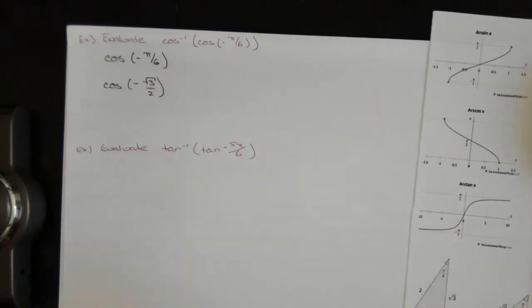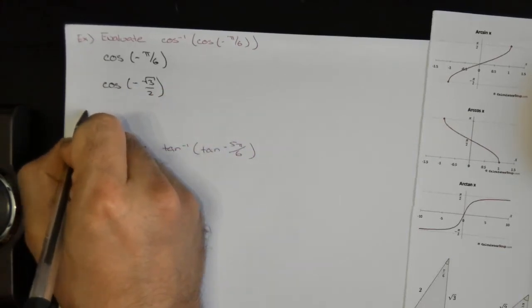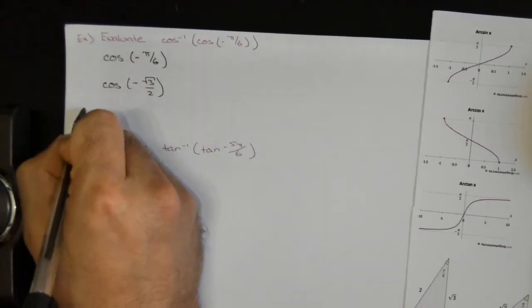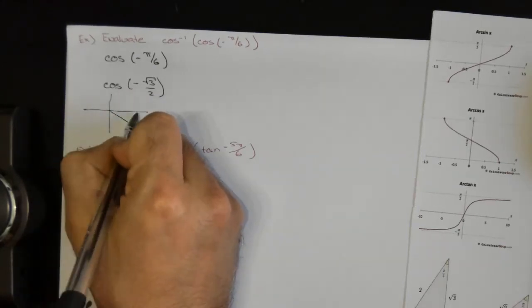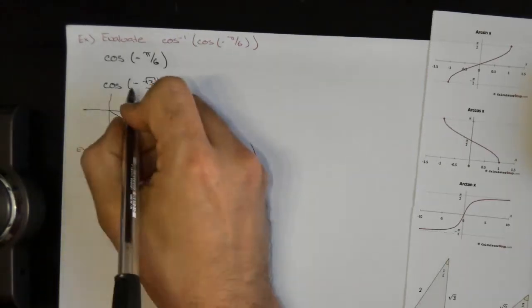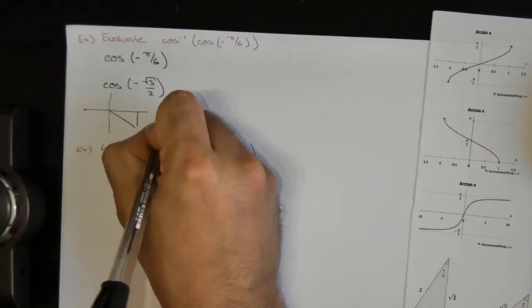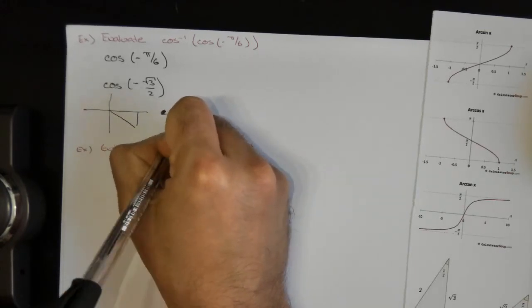And I know that if we're looking at this, a negative angle is here, and cos is actually positive in this quadrant. So it is the same as square root 3 over 2.